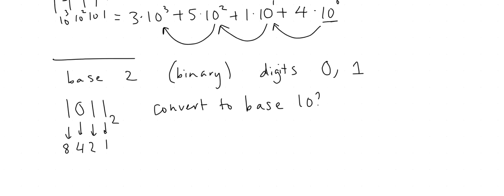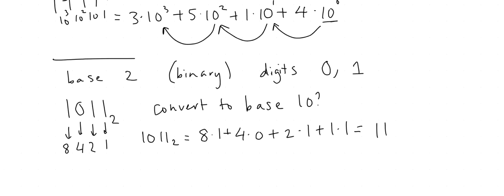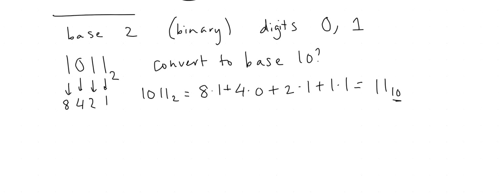So now to find the total number, we know that it will be equal to 8 times 1 plus 4 times 0 plus 2 times 1 plus 1 times 1, which is equal to 11 in base 10. You can write subscript 10 if you want to indicate explicitly that it's in base 10. This is a basic example of how to convert from base 2 to base 10.